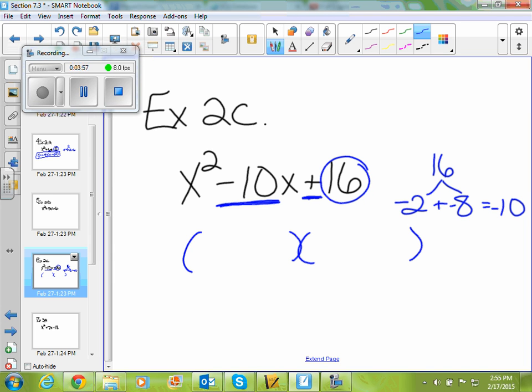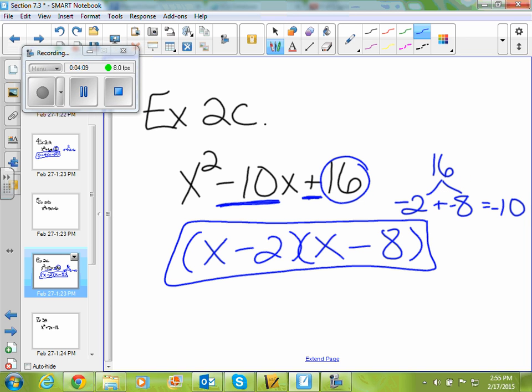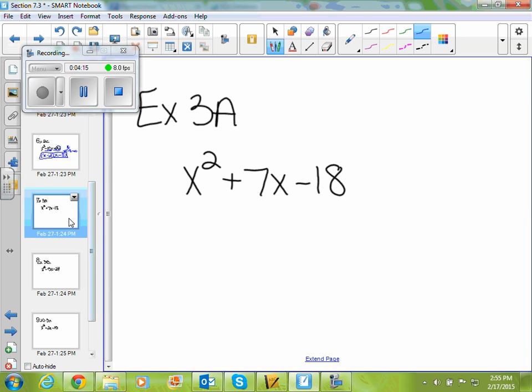So x squared breaks down into 2 of the x's. Then I have a 2 and an 8, but in this case, they're both negative. Okay, so we'll get to some of those, and then we'll look at some where some are positive, some are negative. Sometimes you'll have that too.